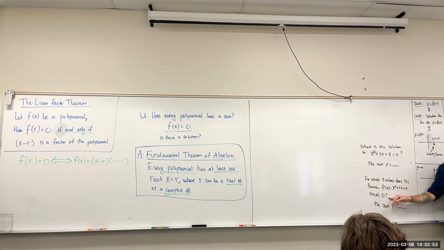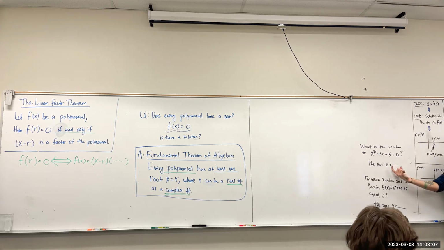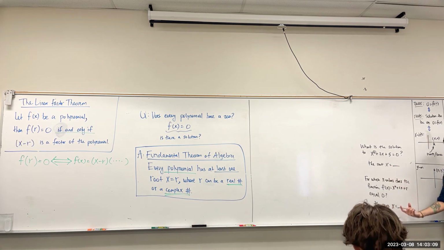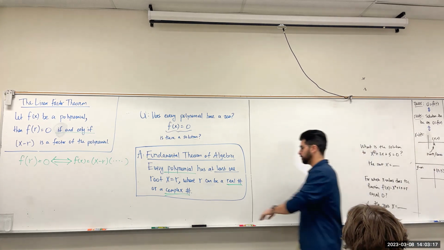Now that's a function question. So then I would say the 0, x equals blah blah blah. They're both vocab words that give you the same number, but they are answering a different question. Both the root and the 0 will equal the same thing, and they'll both correspond to the same x-intercept.